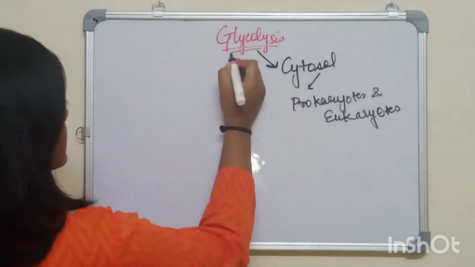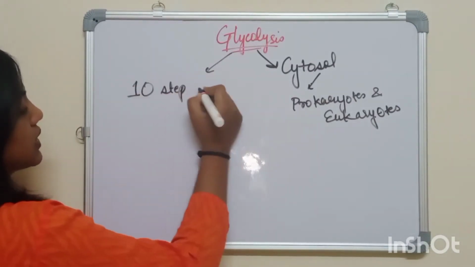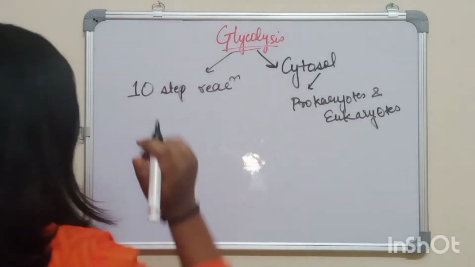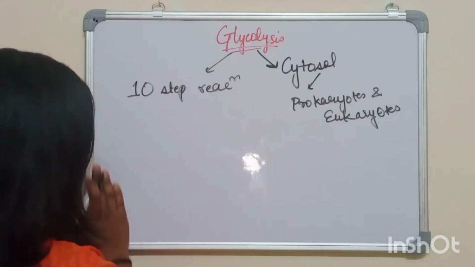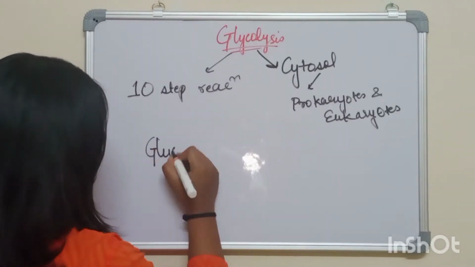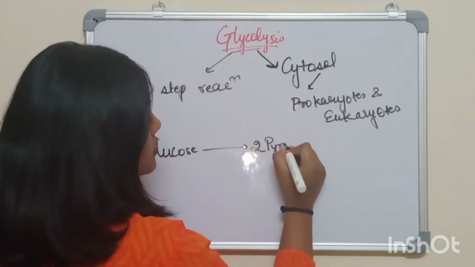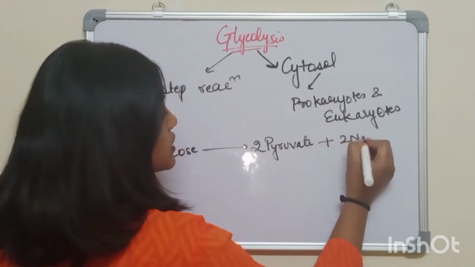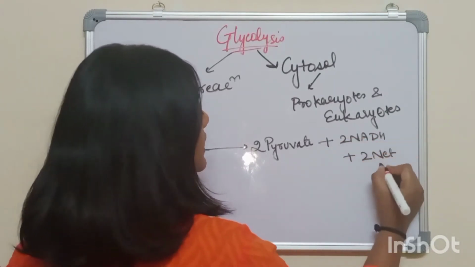Now, what is glycolysis? Glycolysis is a 10-step reaction. There are 10 steps in glycolysis. Glycolysis can be written as glucose converted to 2 molecules of pyruvate plus 2 NADH plus 2 net ATP.